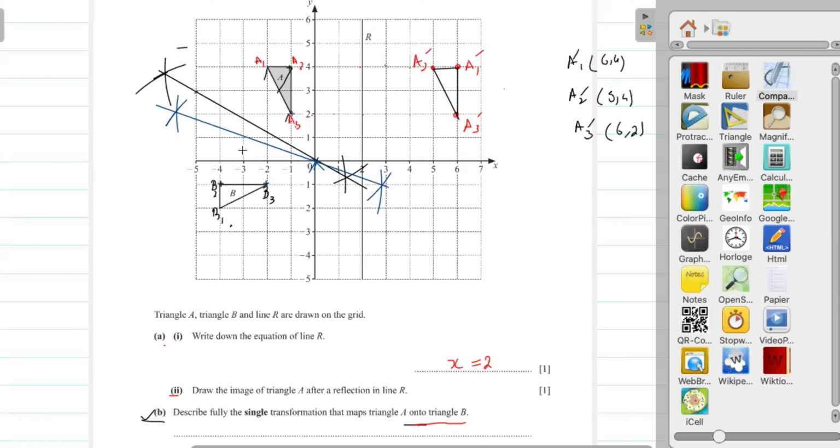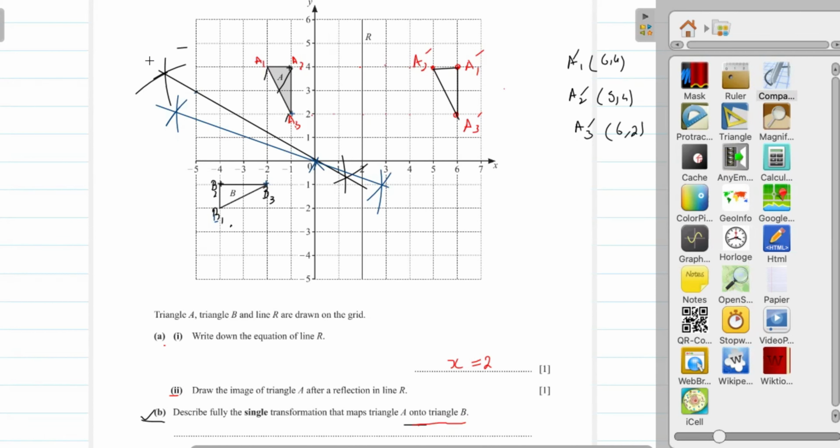Now, to get the center of rotation, firstly we mark the perpendicular bisector between A1 and B1. You see here, this is the perpendicular bisector.